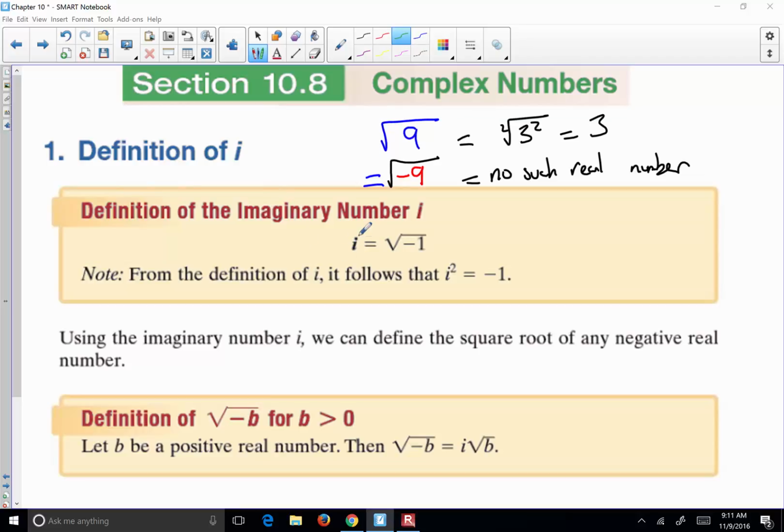From now on, whenever you see i in any question, it's not the letter of the alphabet anymore. It stands for a number in math, and that number is the square root of minus 1. They declared that from now on, when I have a negative 1 under a square root, I will call it i. It's just a definition. You can't say it's wrong. You need to obey. They just declared it i.